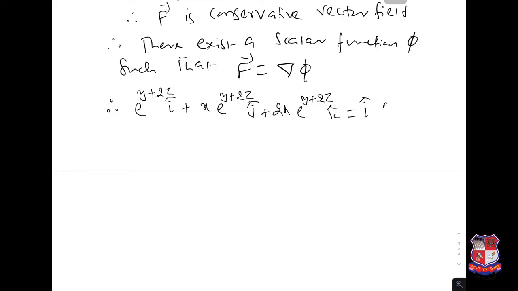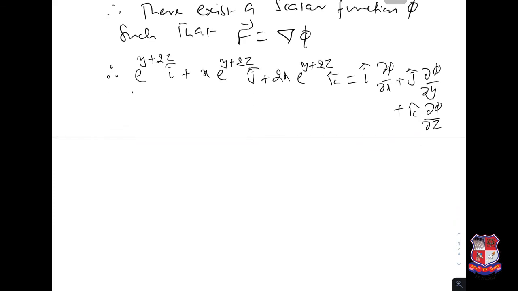So this is i del phi by del x plus j del phi by del y plus k del phi by del z. And now we compare this. So here you will get e power y plus 2z as del phi by del x.